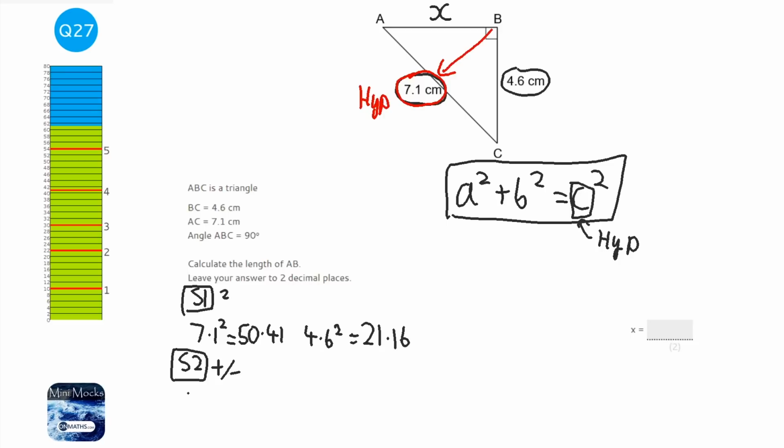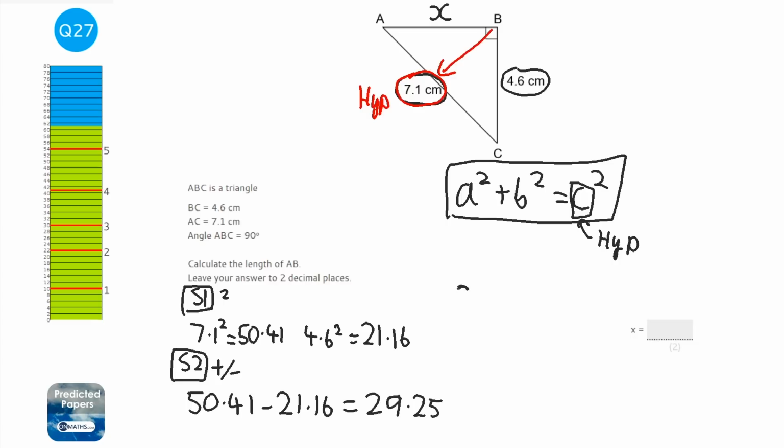So I'm going to do 50.41 minus 21.16, and that's why in step 1 we did the biggest one first, because otherwise you'll get a negative number. So 50.41 take away 21.16 equals 29.25.